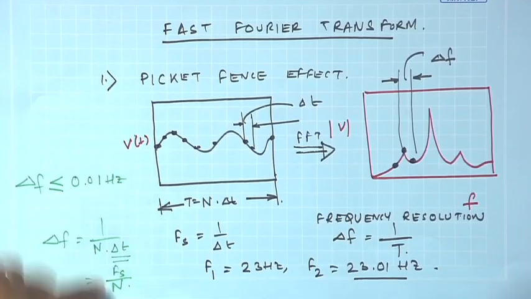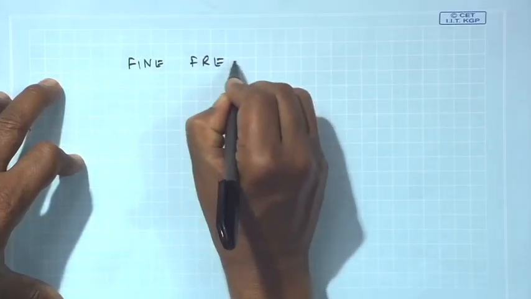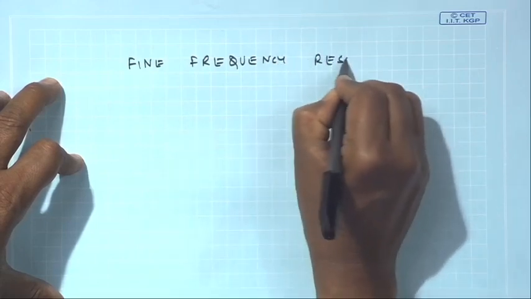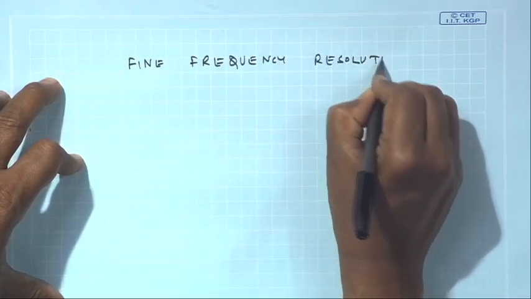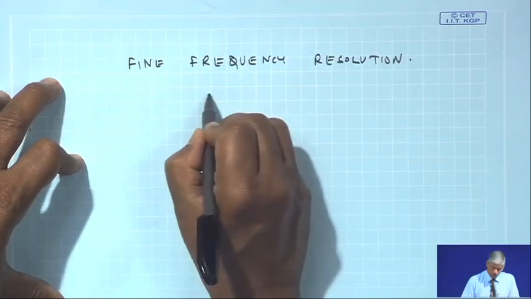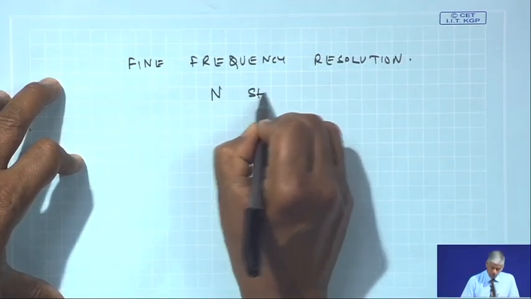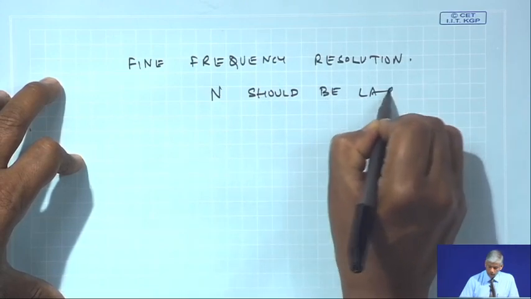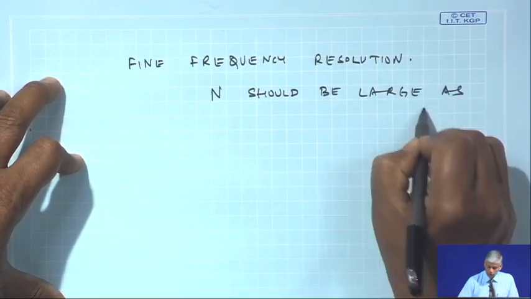So, that means to have fine frequency resolution, your n should be as large as possible.